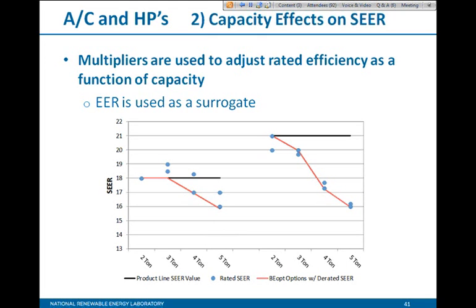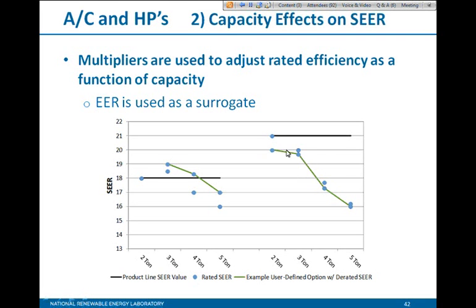So there are built-in options in BEopt, and then the user can enter specific product lines if they want to, and basically add a SEER 18 air conditioner and then change the derate multipliers that are built in. The thing to remember here is that in BEopt, there aren't separate air conditioners with separate sizes.